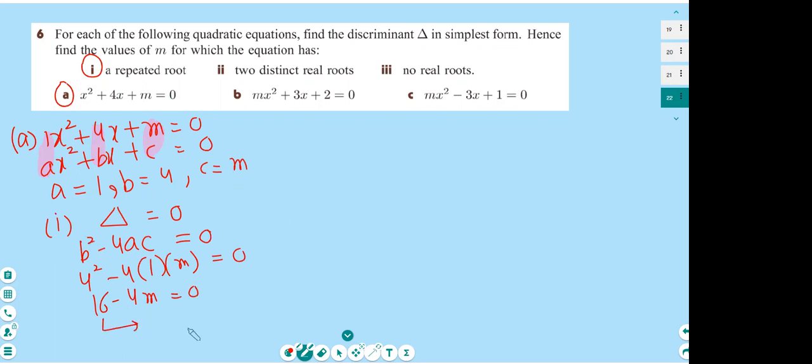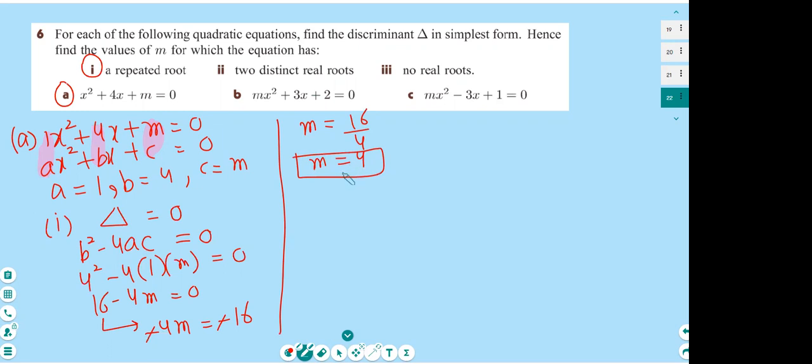Shifting the 16 to the other side, -4m is equal to -16. Multiplying both sides by -1, we get 4m equal to 16. So m will be equal to 16 over 4, which is equal to 4. So for this value of m, the roots will be repeated, right?